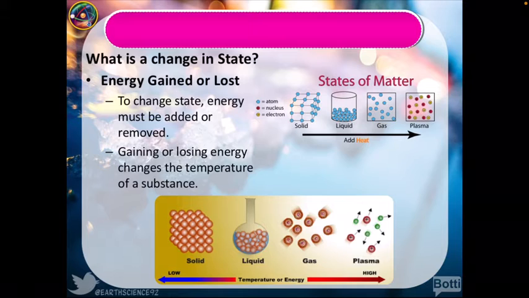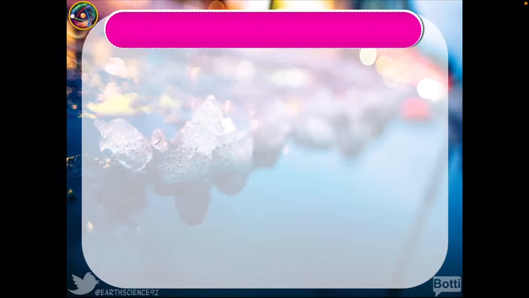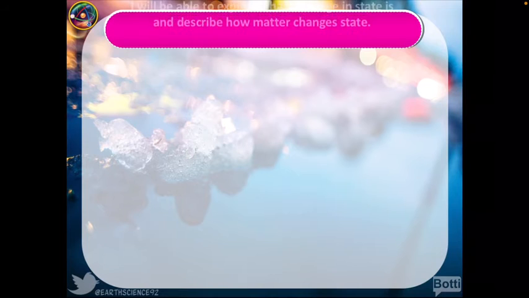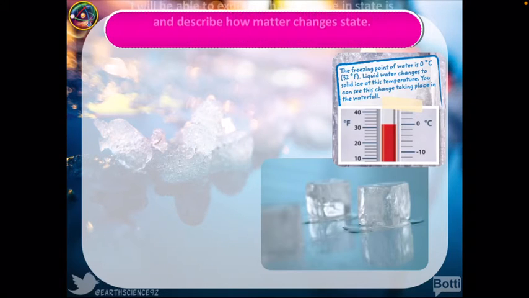If you have matter to be changed, then the energy must be removed from it. For example, if you try to melt an ice cube, the energy is removed. And gaining and losing can be represented based on the temperature of the substance.